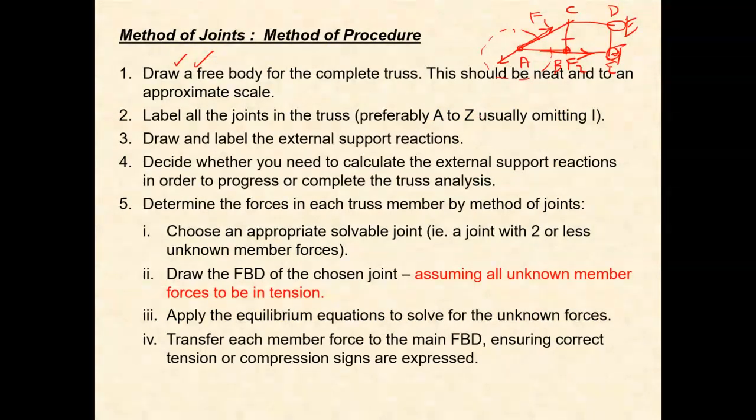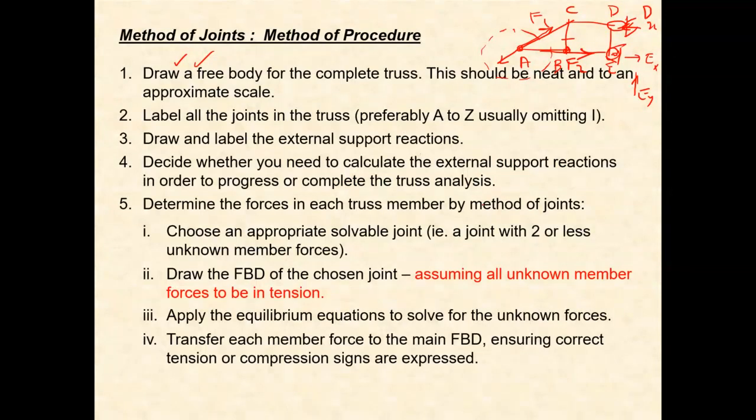So we simply use A to Z. With the support reaction, if you want to solve them, I label these as EX, EY. But in this case, I'm not releasing the entire structure, so this doesn't apply. The third step is, do you want to find the external support reaction in order to progress completely? In this case, we don't.